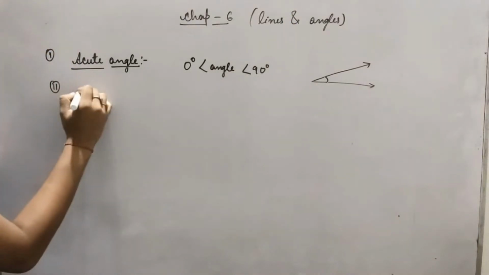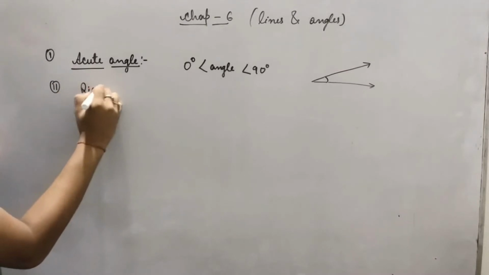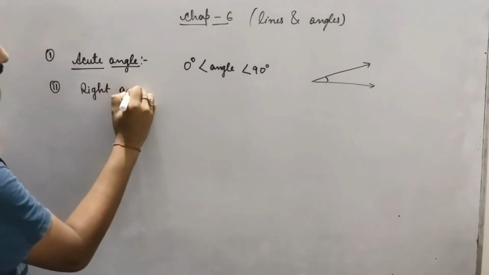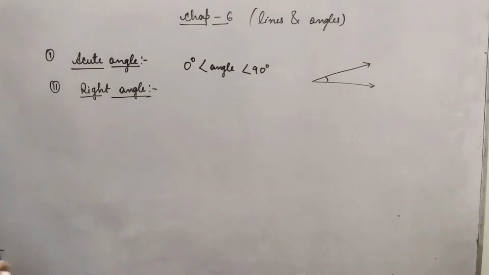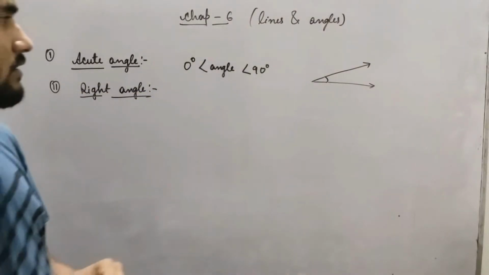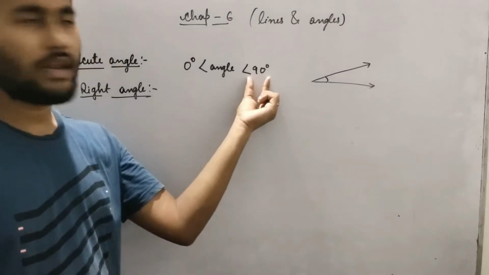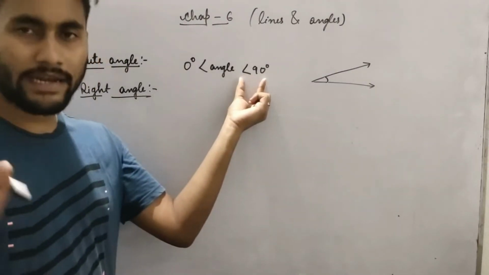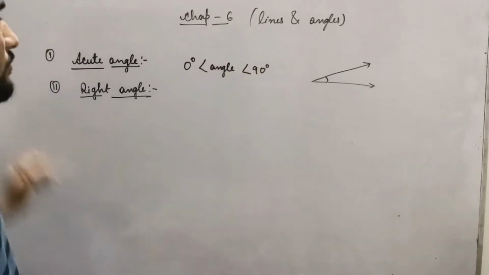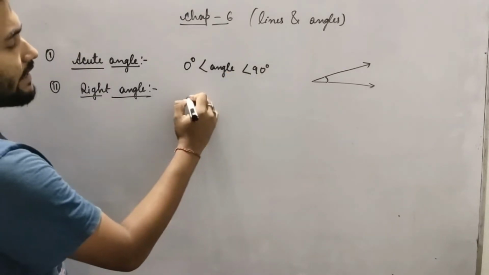Number 2 is the right angle. Now we know about the right angle, right? What is a right angle? This one, 90 degree. At 0 degree there is no angle, but at 90 degree we have an angle. That is known as a right angle.